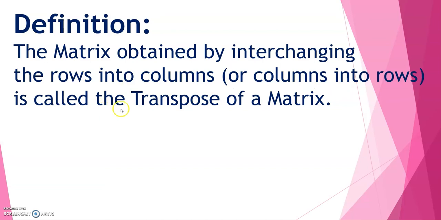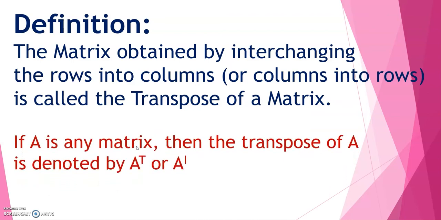Then the resultant matrix obtained is called the transpose of a matrix. So in a simple way we can define, for a given matrix, the transpose of a matrix is obtained by changing the rows into columns or columns into rows.